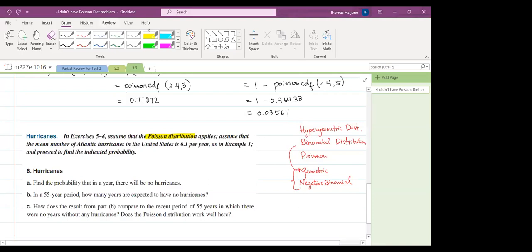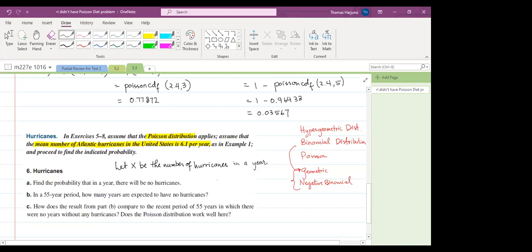Now come back here. They tell us to assume that the mean number of Atlantic hurricanes in the United States is 6.1 per year. Let me define it. Let X be the number of hurricanes in a year.